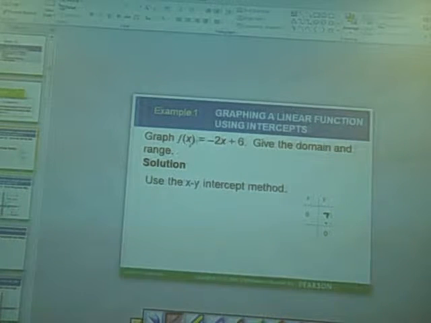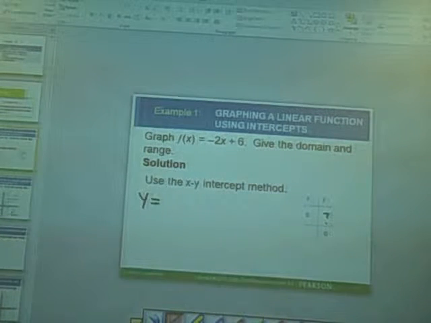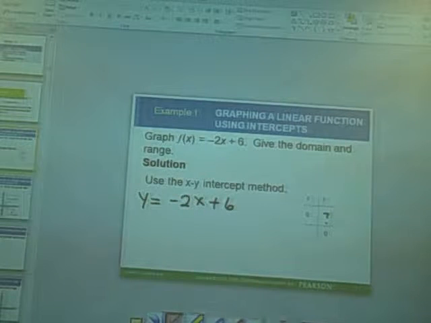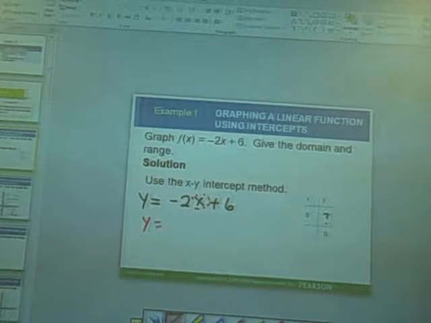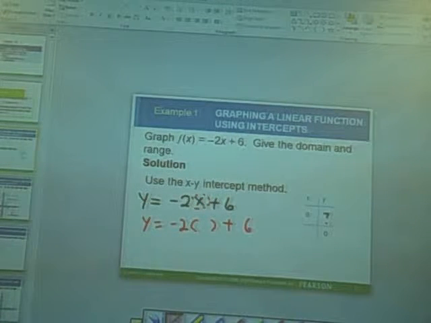So first, this would be the same thing as if we were to say y equals negative 2x plus 6. It's like we're cutting that x out, and we're going to put 0 in there. Well, negative 2 times 0, that's 0. So y equals 6.